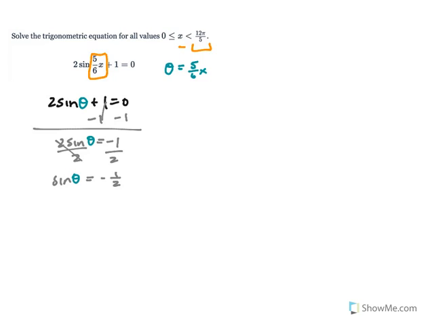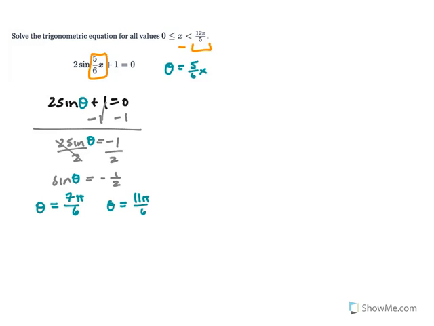So we can think about this similar to how we've always been thinking about these problems: when does theta equal negative 1/2? So when we substitute in theta into sine, when do we get an output of negative 1/2? And if you look at your charts, we can see that this happens when theta is 7 pi over 6 and when theta is 11 pi over 6.